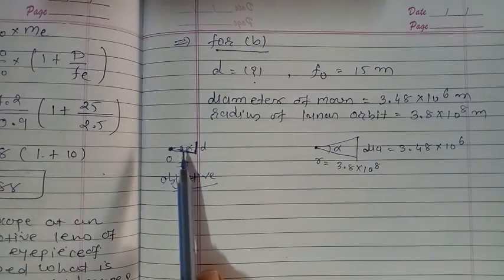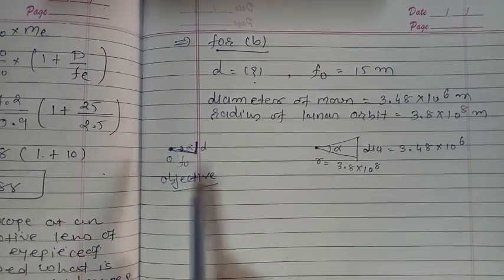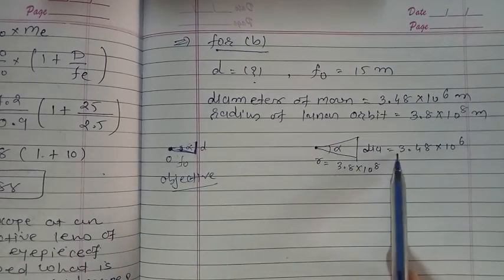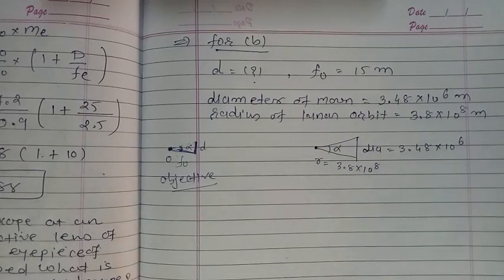So we can compare that alpha is equal to d by FO, and alpha is also equal to the diameter of the moon upon the radius of the lunar orbit, right?